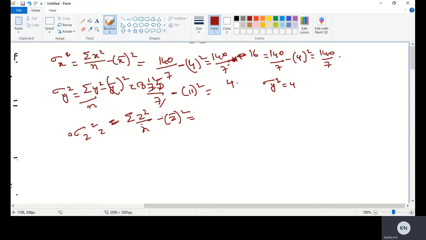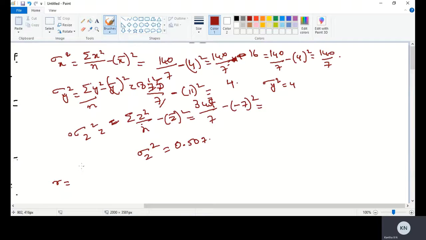Summation of z square is 347 divided by 7 minus z bar, which is minus 7, whole square. Use the calculator, simplify. Sigma z square is equal to 0.507.